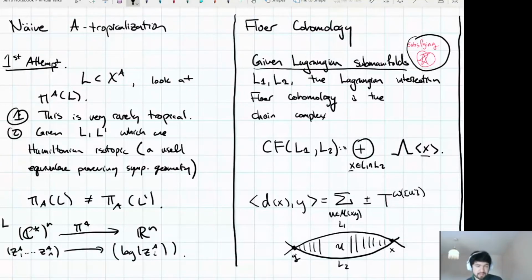So as a chain complex, it's a free graded Novikov chain complex generated on the intersection points. And the differential between two intersection points is given by a structure coefficient, which counts the holomorphic strips with boundary on one Lagrangian, boundary on the other Lagrangian, going from the first intersection point to the second intersection point.